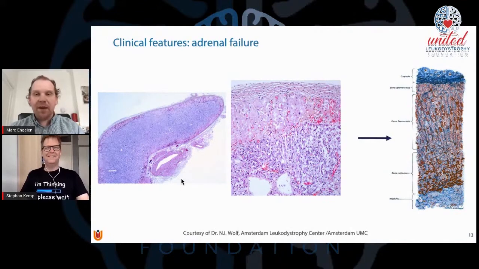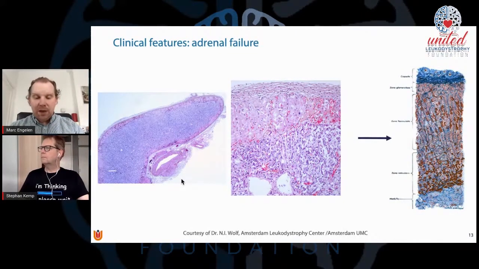think that Stephan made abundantly clear that there's a lot we know about ALD, and also a lot that we do not understand. And one of the strange things is, why are some tissues so affected in this disorder and others not at all? And even within the adrenal, there are different layers of the adrenal cortex that make different hormones. The inner part of the adrenal is not affected at all.